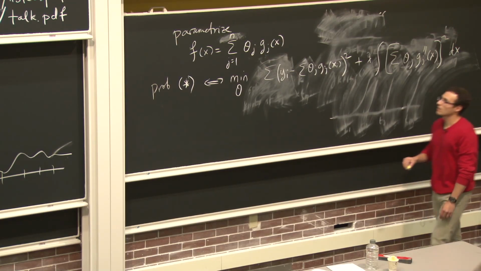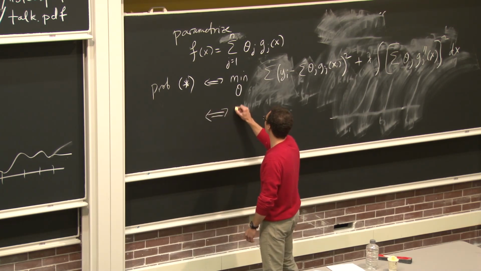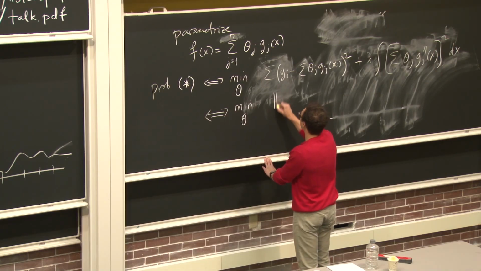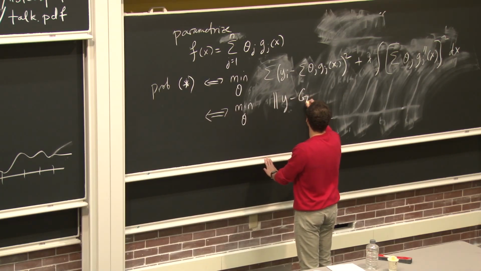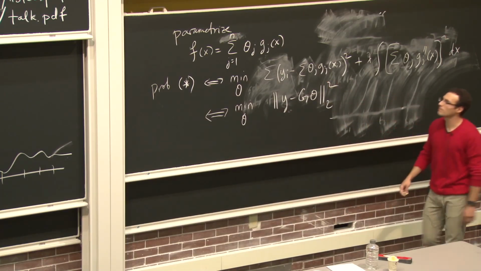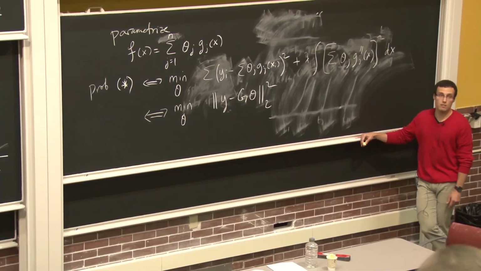Okay, and as before, for the exact same reasons as with regression splines, I can express at least the first term more concisely like this, where that G is what I would call the basis matrix.